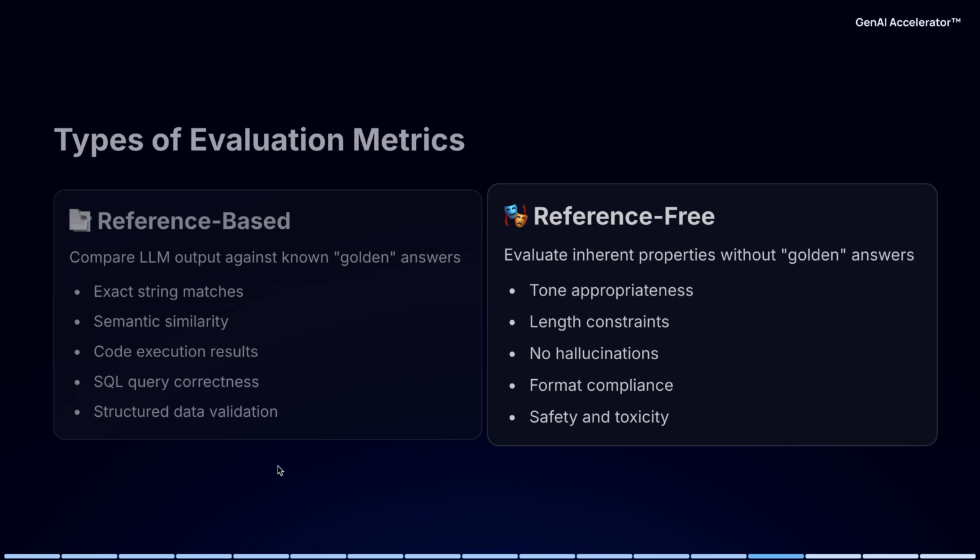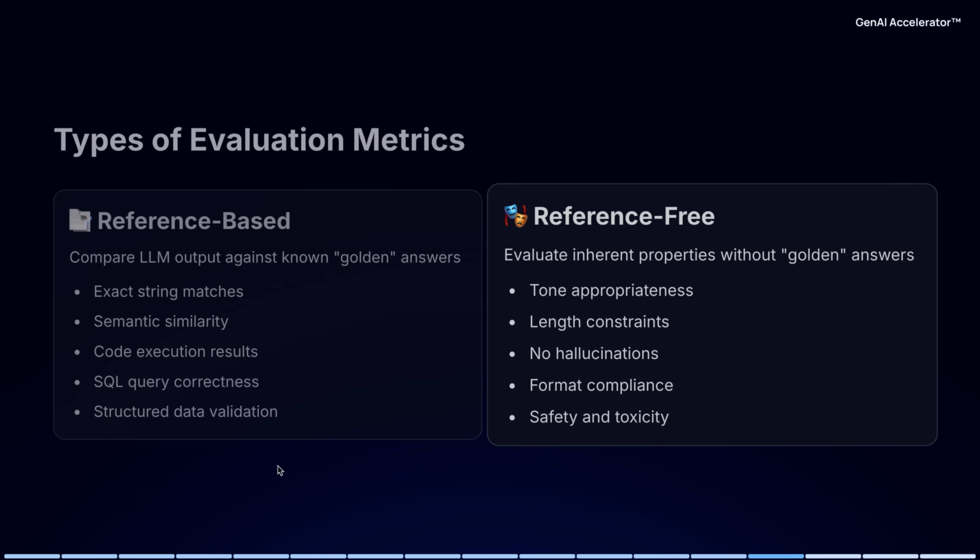There are just different ways of getting to that answer, different tones, different lengths, etc. So these are the things that you can create metrics around: tone appropriateness, length constraints, no hallucinations, format compliance, safety and toxicity. These are all metrics that you can create some kind of scoring around. Typically you'll have metrics between 1 and 0 or 1 and 5, where for tone appropriateness, a 1 would be perfect, a 100% match between how you feel the tone should be and what it actually is.